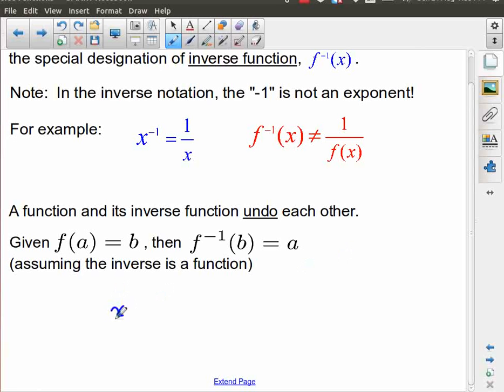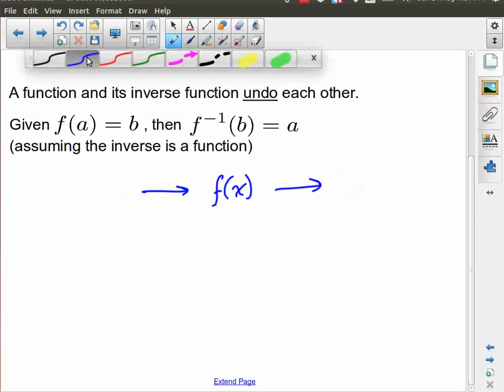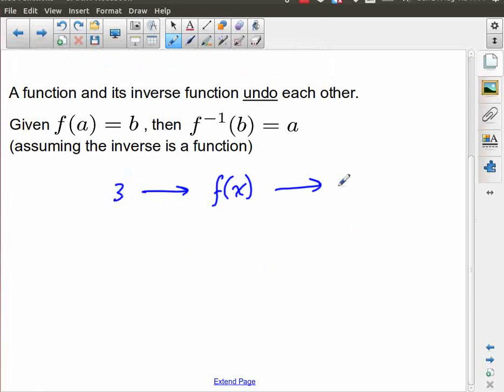A function takes some input that goes into the function, and then you get the output on the other side. The way that an inverse works is it says take the output you had before. So rather than saying x and y, I'm going to be a little bit less abstract, and let's imagine that my input is 3 and my output is negative 14.